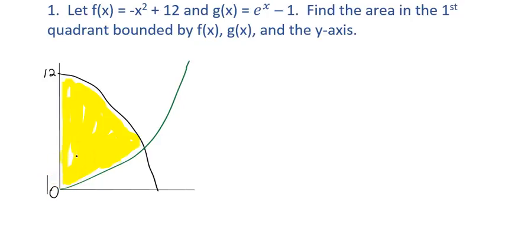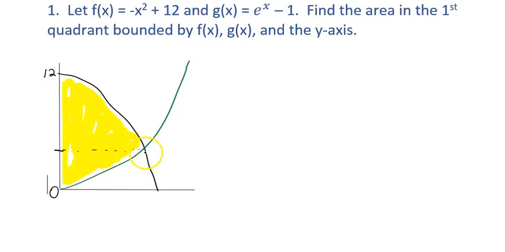If you kind of turn your head sideways or turn your paper sideways, from 0 to about this point right here, you have the g of x function and the y-axis, and then from that point to 12 you have the f of x function and the y-axis. And so you're going to have to end up adding this area to this area.